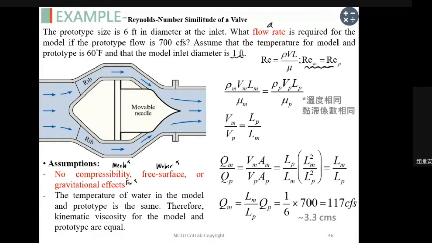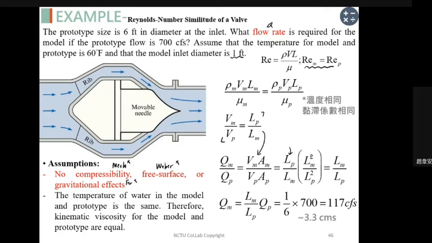So we just rewrite the equation. The balance is Qm divided by Qp is equal to VmAm and VpAp. So we know that from the Reynolds numbers being equal, we can replace the velocity ratio by the length ratio here. And we actually know Am over Ap is equal to Lm squared divided by Lp squared.